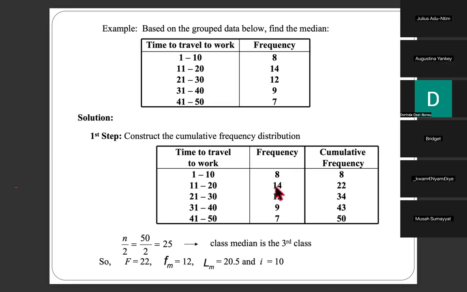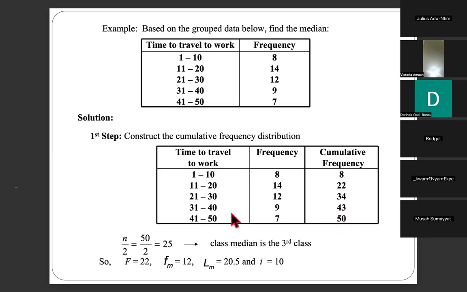So the first frequency is 8. 8 plus 14 will give us 22. 22 plus 12 will give us 34. 34 plus 9 will give us 48. 48 plus 7 will give us 50. It means that our total frequency is 50.